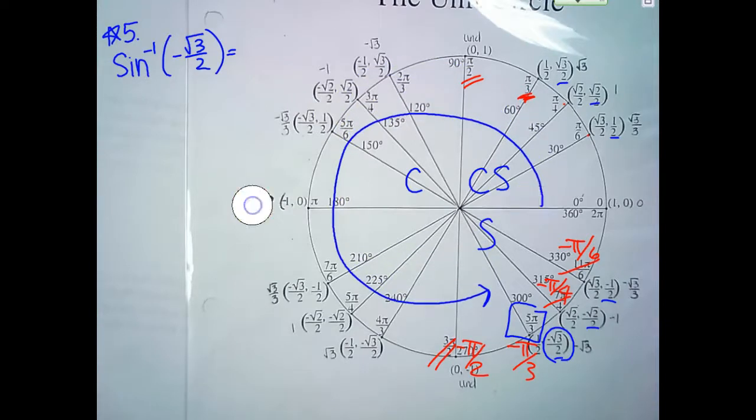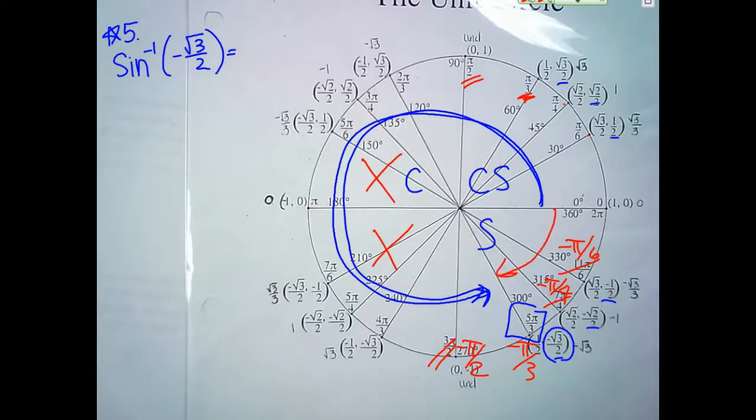Oh my goodness. By going this way. There you go. Right? The reason is because sine's not allowed here or here. So you had to go this way, which means you go clockwise, which means your angles are negative. Right? Okay. So with all that huge mess, the answer is negative pi over 3. Try number 6.